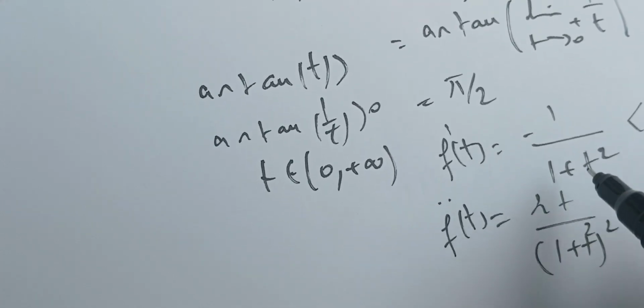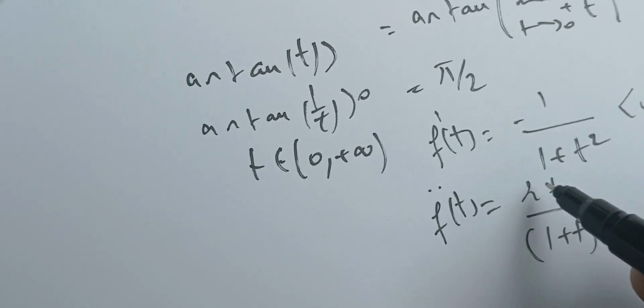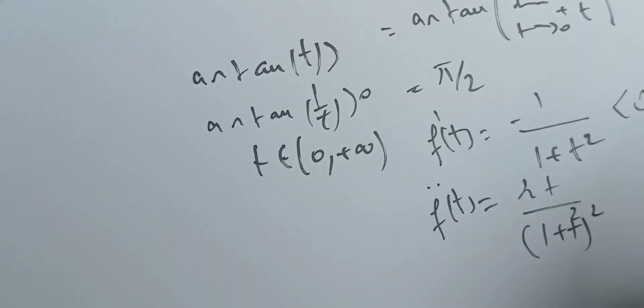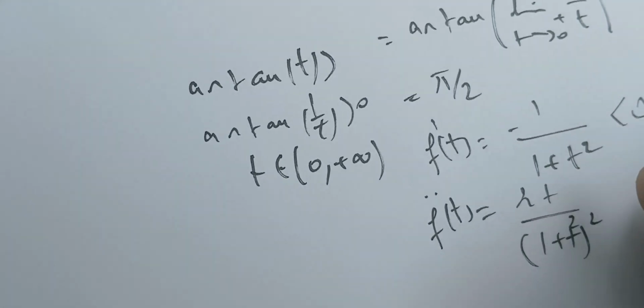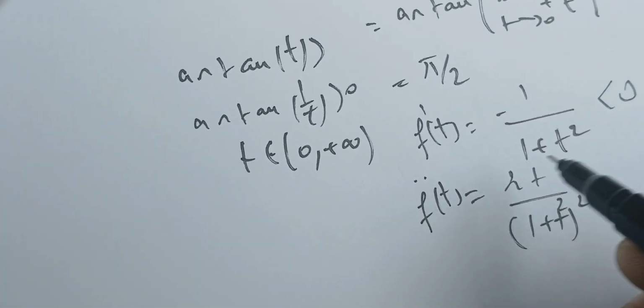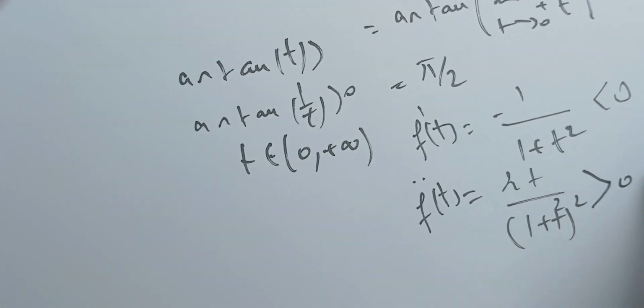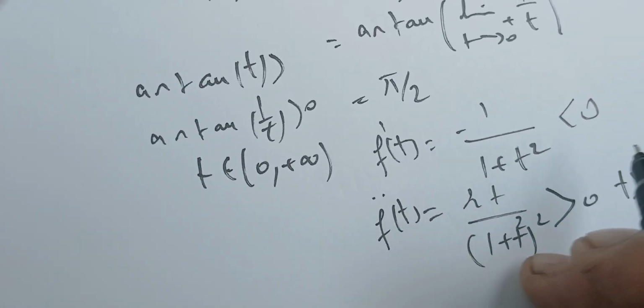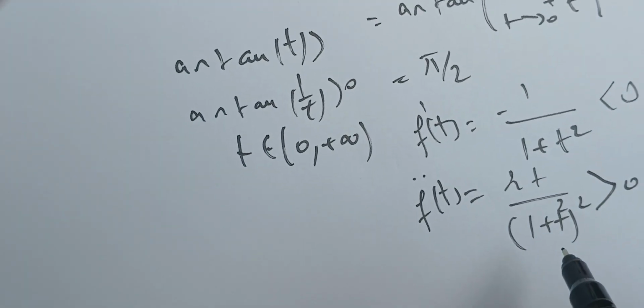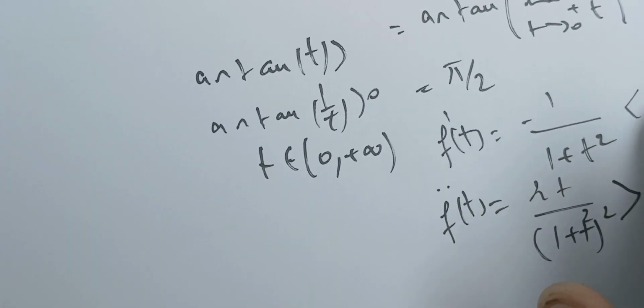The only point where f second is 0 is when t is 0, and the function is not defined at 0. This second derivative is bigger than 0 when t is bigger than 0. That means it's concave up. So we get all the information to draw our function.